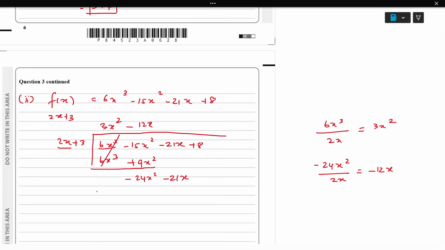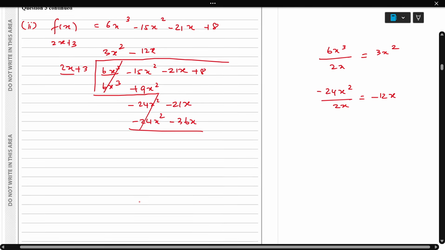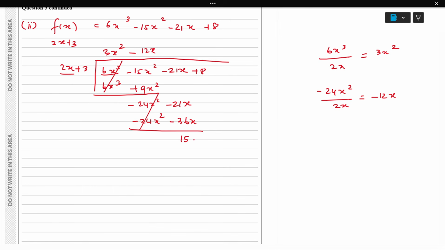Again we multiply: negative 12 times 2 is negative 24x squared, and negative 12 times 3 is negative 36x. Again we subtract. This becomes 0. So minus 21 plus 36x is 15x. Now we need to bring down the last part.